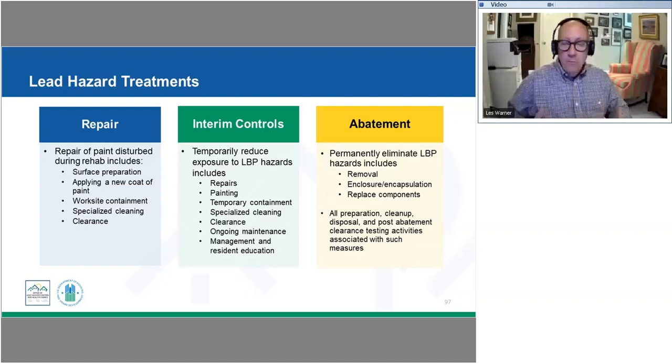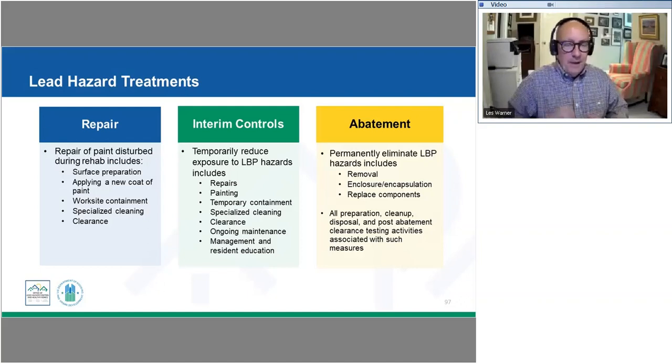We might be removing those components, but we also might be permanently covering them. In some cases, you used to have projects where they would turn the woodwork around in the opposite direction and then permanently seal that.